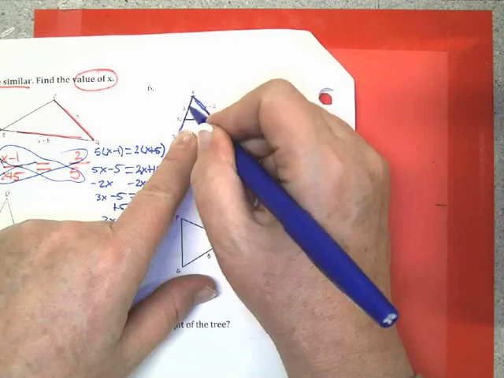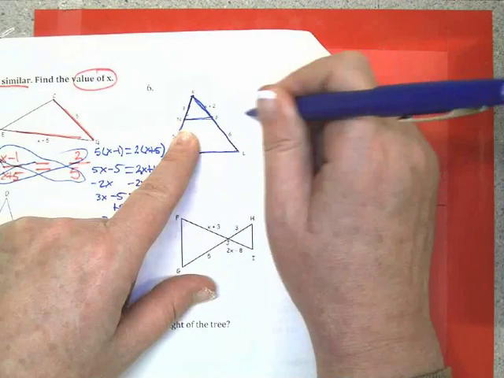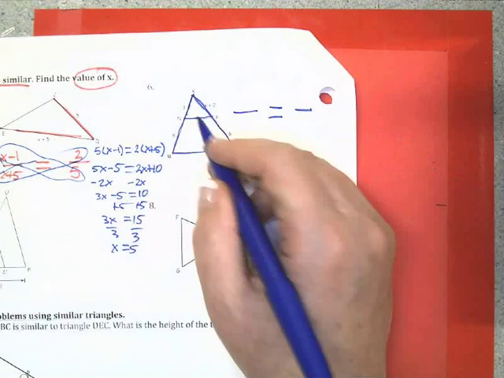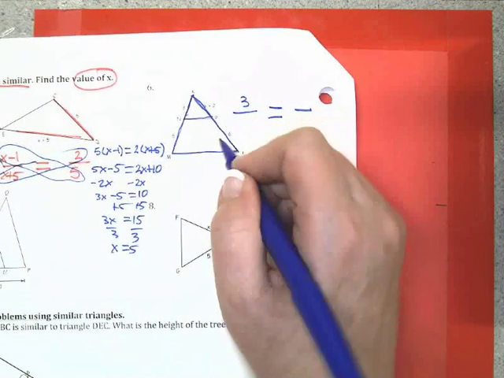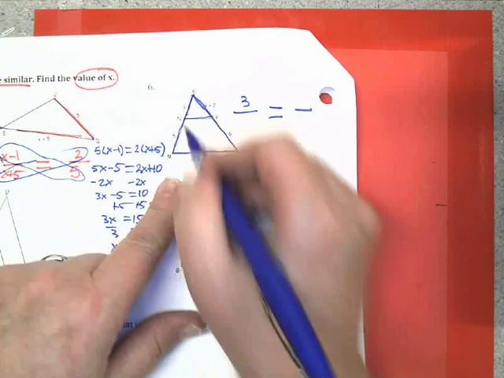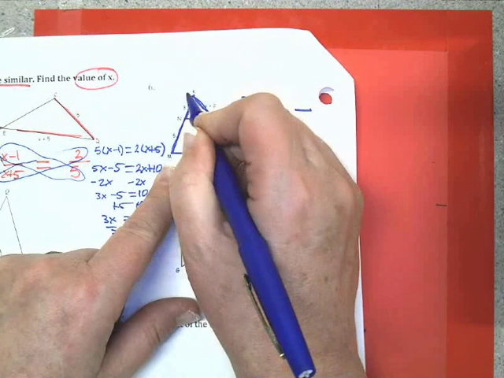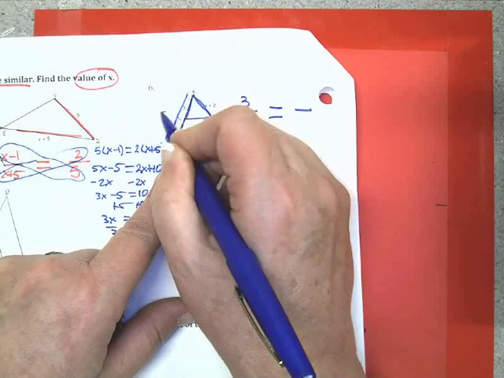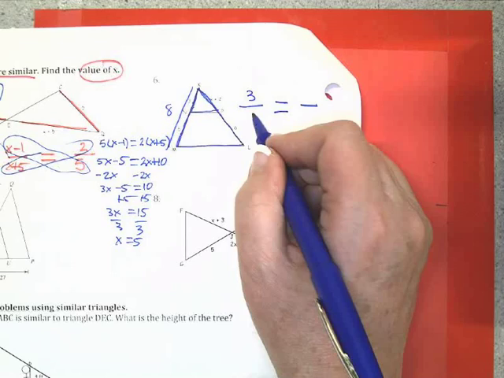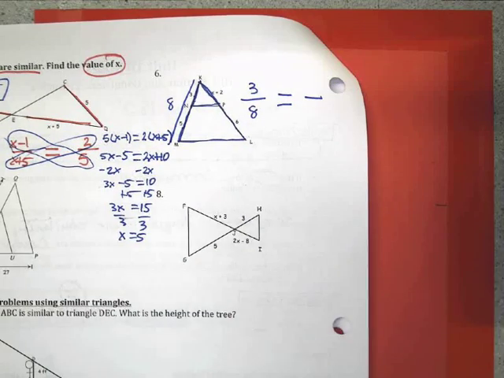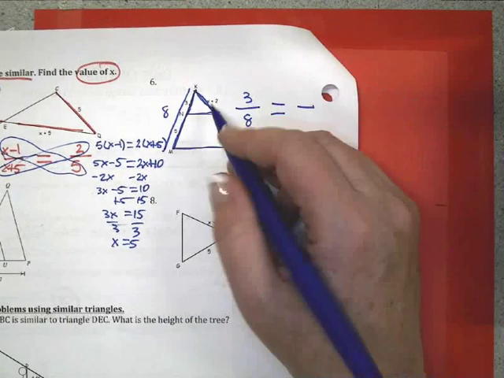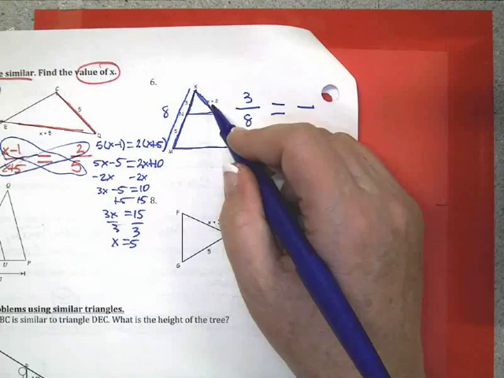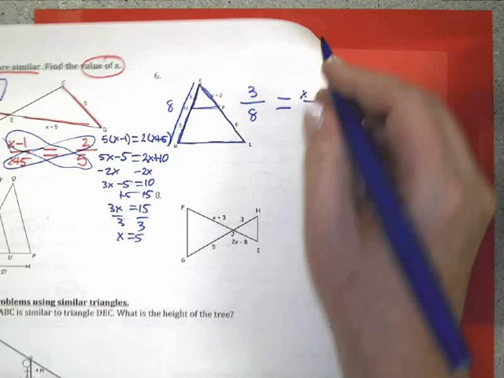So I'm going to start with this small triangle. Remember, a proportion is 2 ratios equal to each other. The small triangle's 3 corresponds with the large triangle. We need to find the large triangle. This side would be 3 plus 5, so it corresponds to 8. And then on back to the small triangle again, x plus 2 for this side.